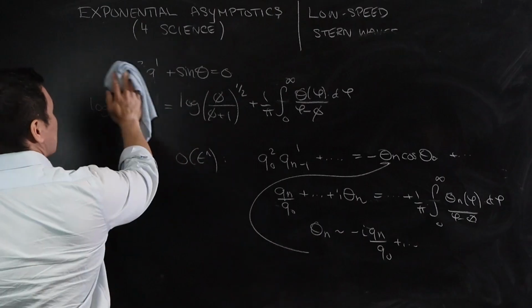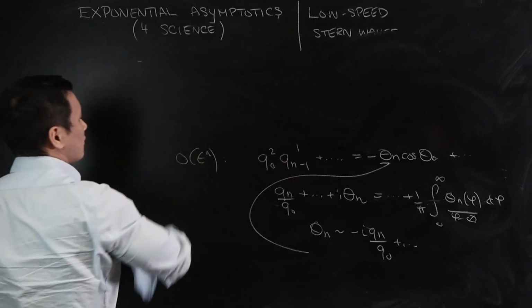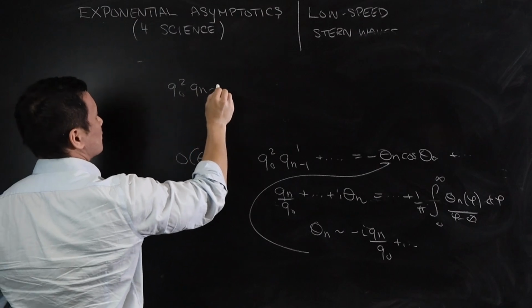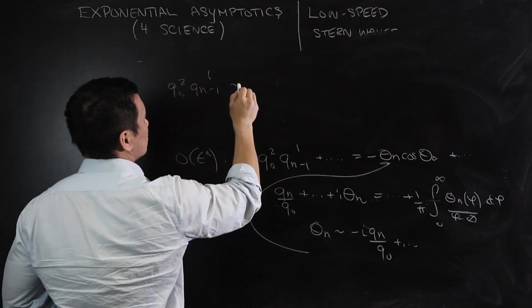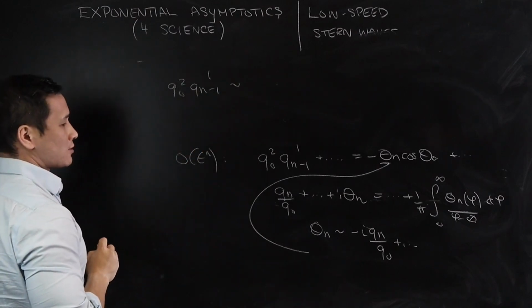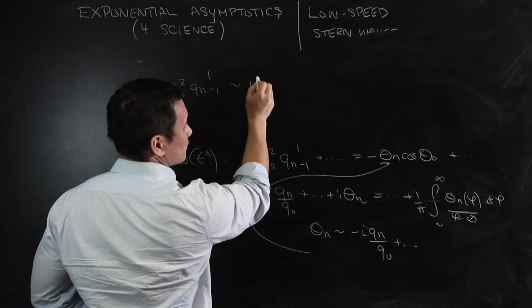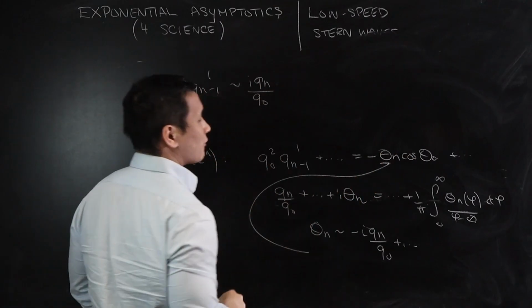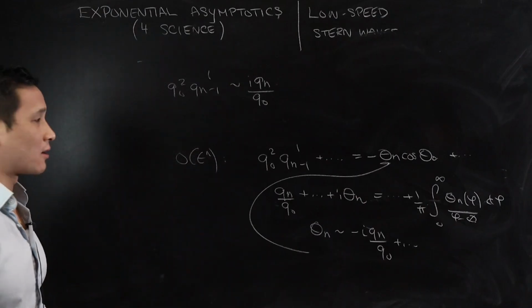And then what will that tell you? Well, it'll tell you that q naught squared times qn minus 1 prime is twiddles i times qn over q naught, because cosine of theta naught is just 1, because theta naught is 0.